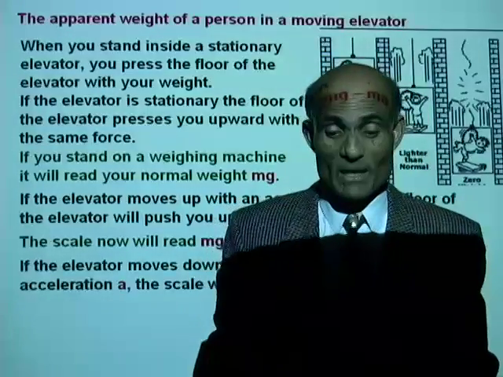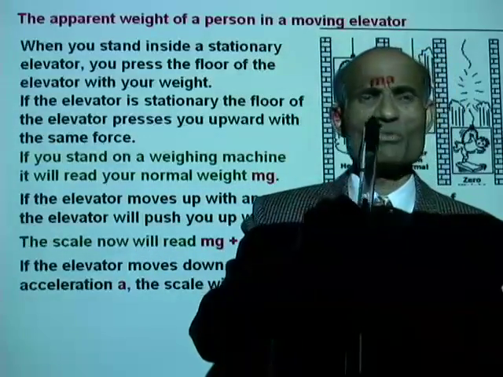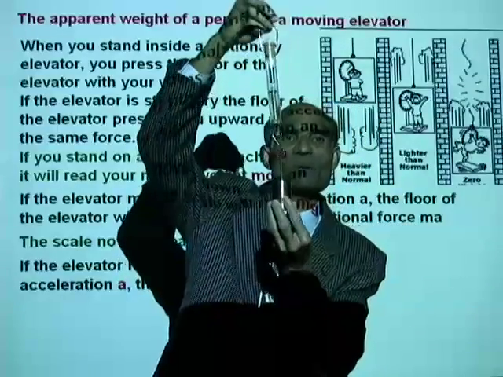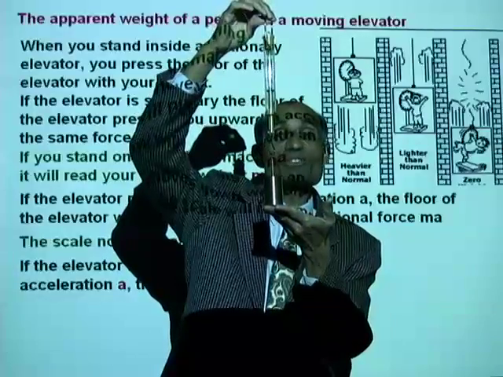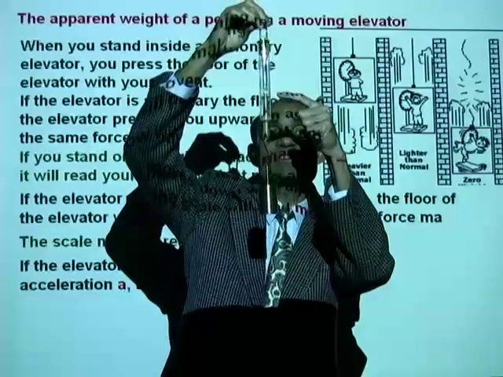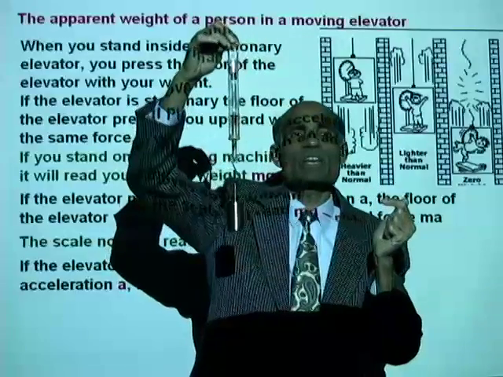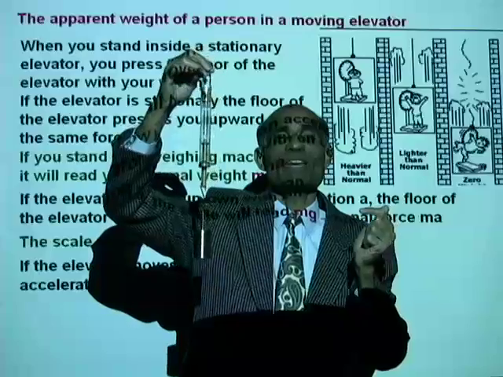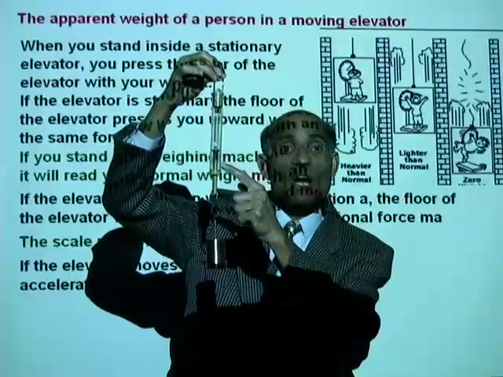That's right. Now, let me see if I can demonstrate with this machine here. This is a spring balance, a scale. Now, this is the elevator at rest. It reads the actual weight. Now, suddenly, if I move up, can you see what happened? Suddenly, if I move, this comes down.